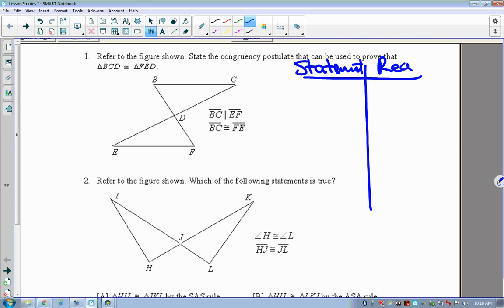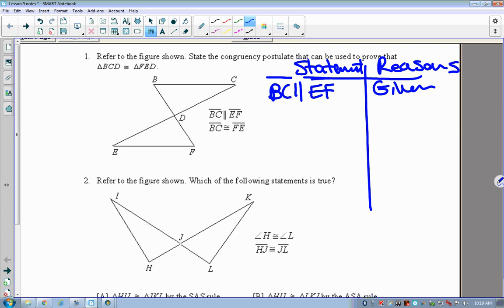In here, we are only working with two-column proofs, which is good news, because it's the easiest way to outline a proof. What always goes in first is what we are given. What are they telling me off the bat? For instance, they tell me here BC is parallel to EF. That's my statement, and my reason is that it's given.